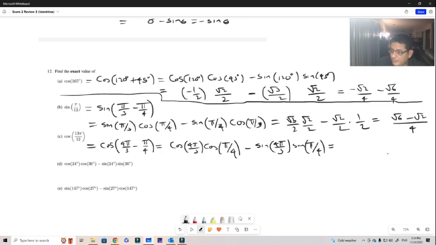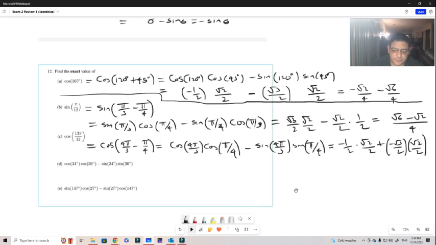And so now this is again a scenario of special angles. This is minus 1/2 times square root of 2 over 2, and then minus square root of 3 over 2 times square root of 2 over 2. Okay, and then you fold this into a single fraction, and that'll be your answer.